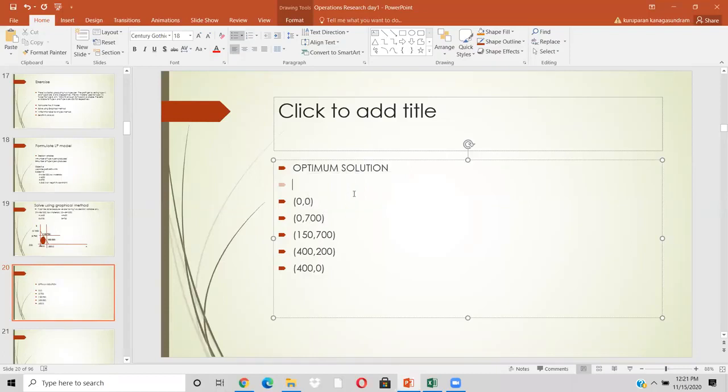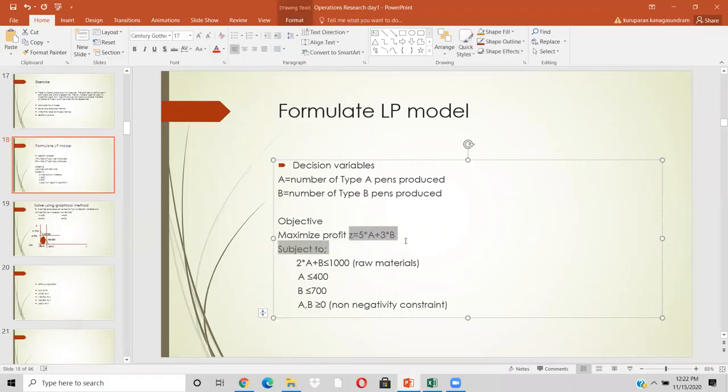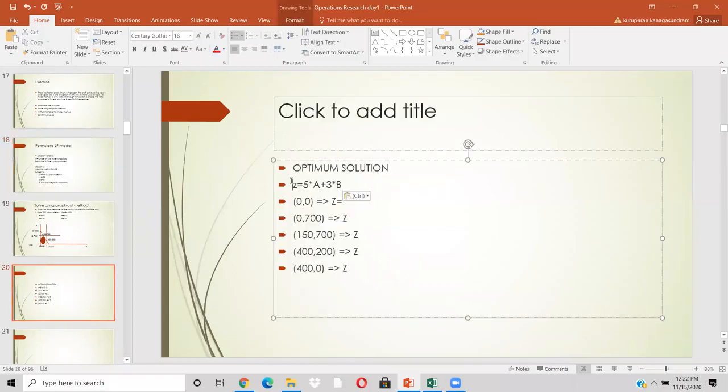For each corner point, you have to calculate what Z is. How do you calculate Z? This is Z.